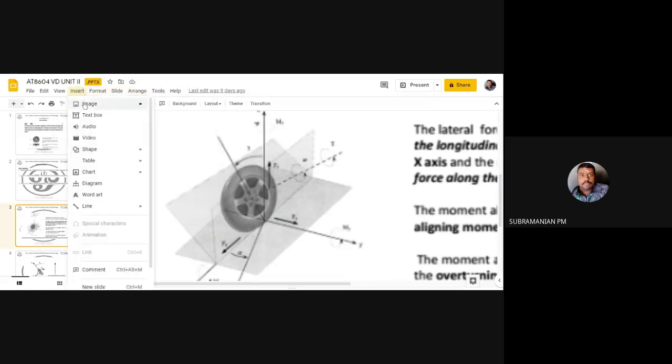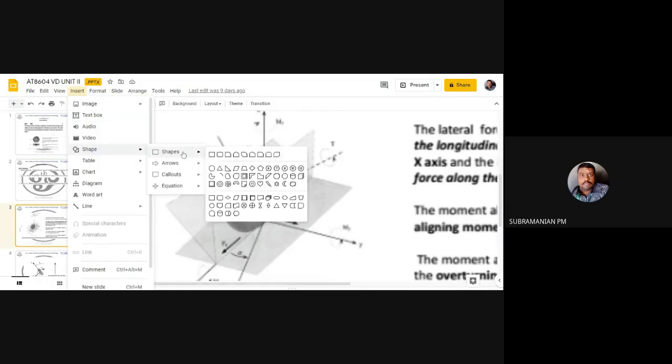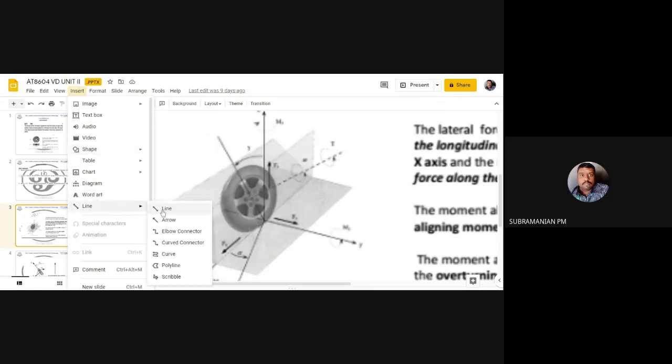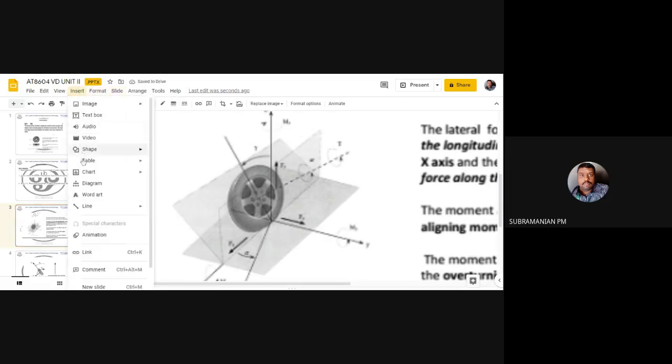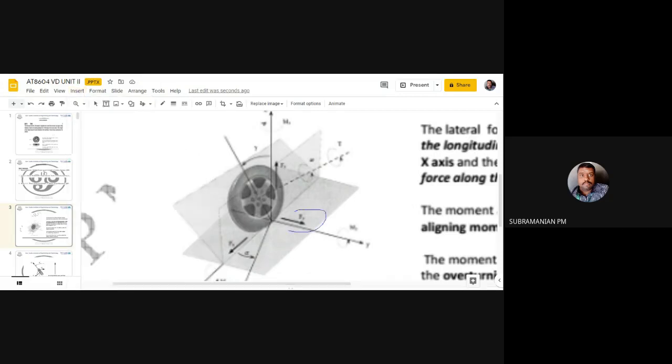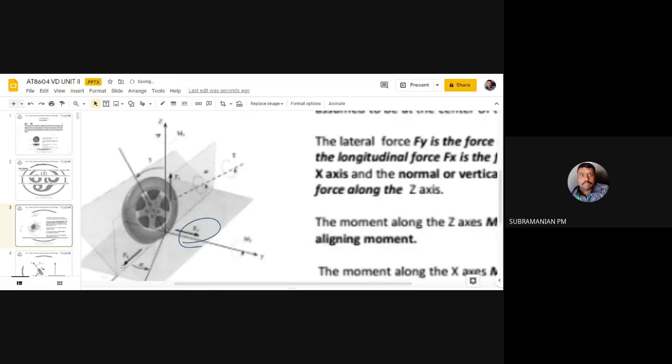You can see this one is Fy, and this one is Fx.